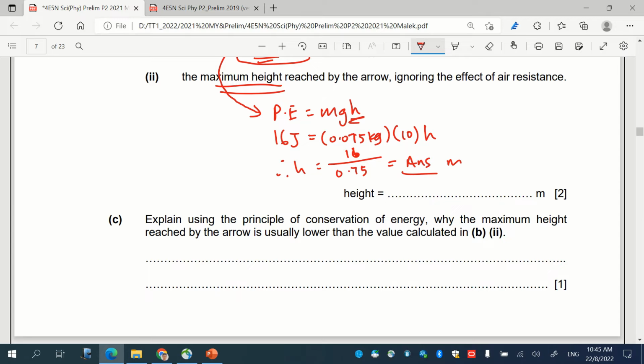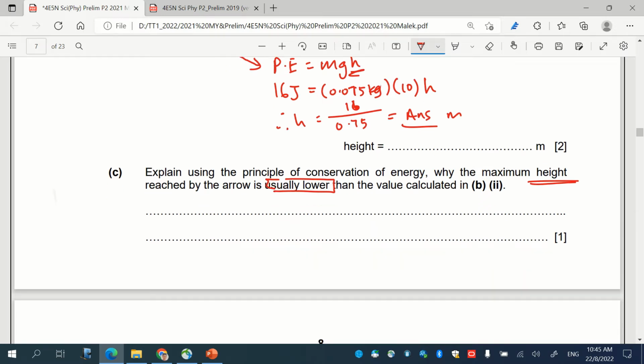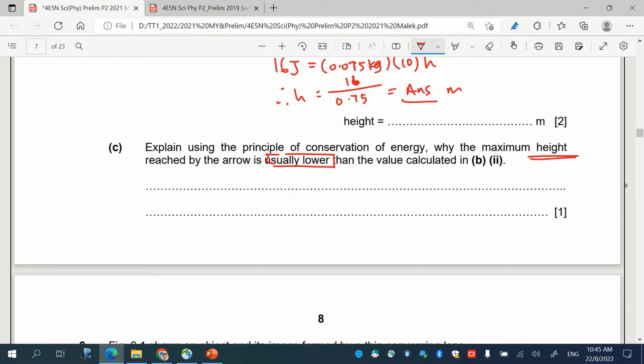Why is the maximum height reached by the arrow usually lower? Whenever the question asks you why in actual reality it is always lower than the calculated value, the answer always has got to do with energy loss.